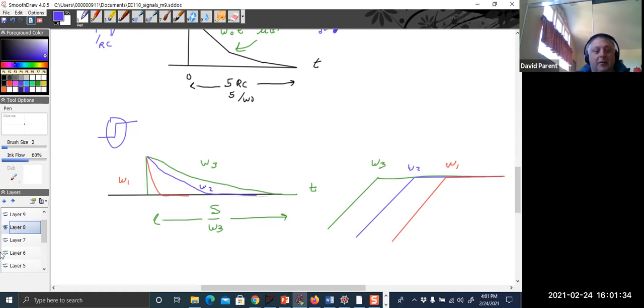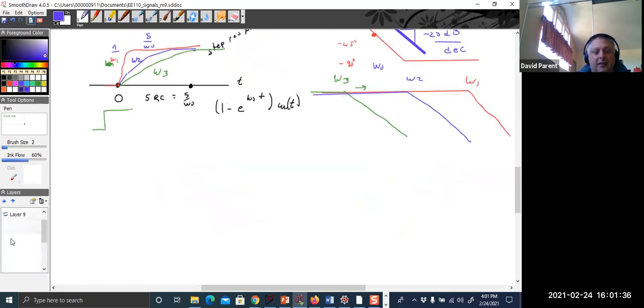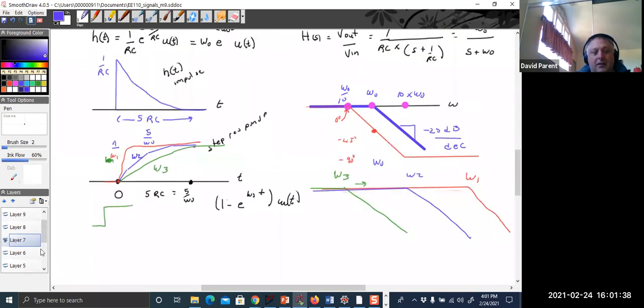All right. Back here, it's passing DC, right? So eventually it goes to a DC value. But the more higher frequencies I let through, the sharper it gets. Okay.